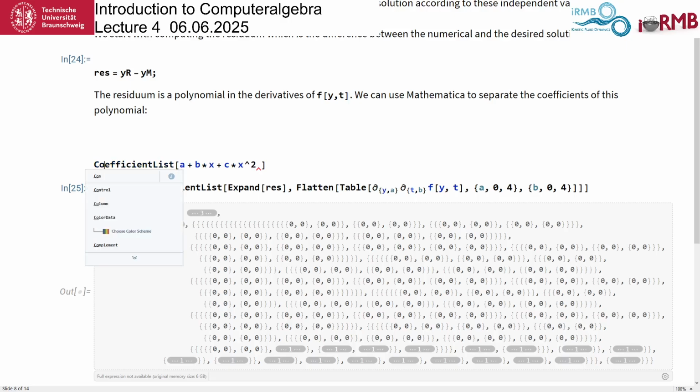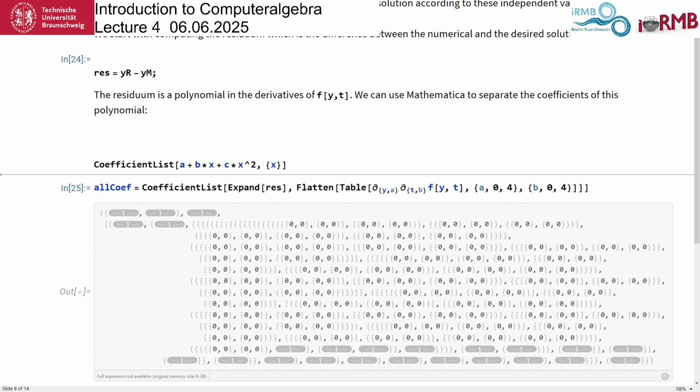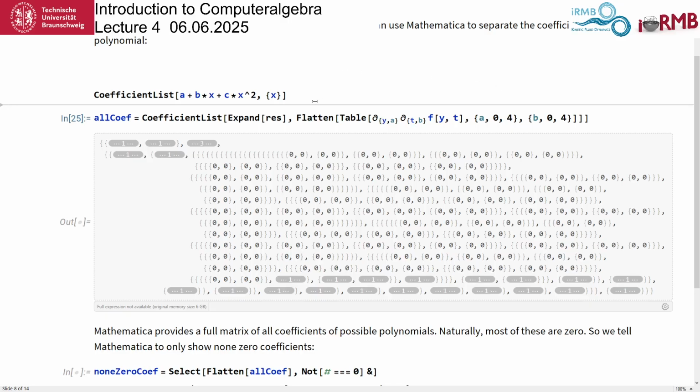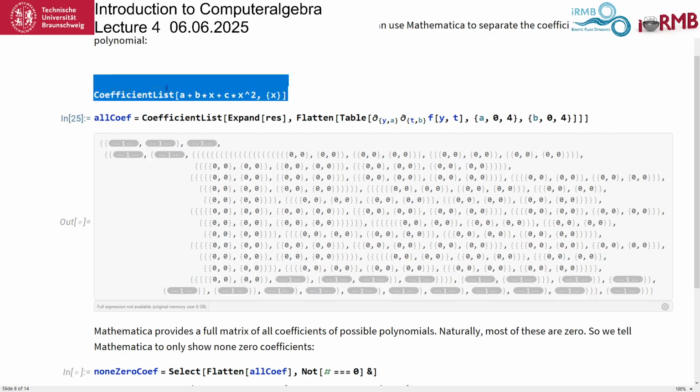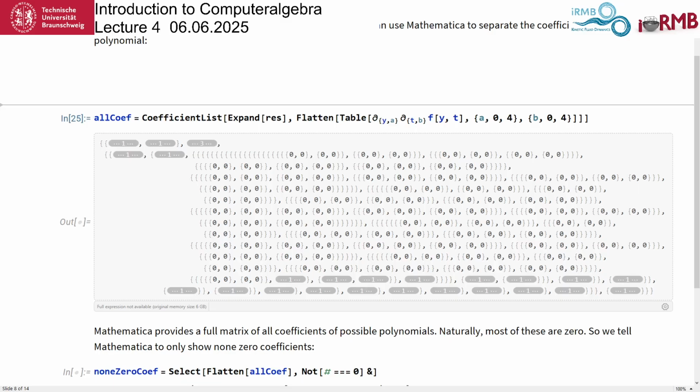There's a typo at the beginning. Thank you. So CoefficientList, and then we want to have them in x, I believe x would be sufficient. Let me see whether this is the case. Okay, I put this in the wrong cell because this is a text cell.